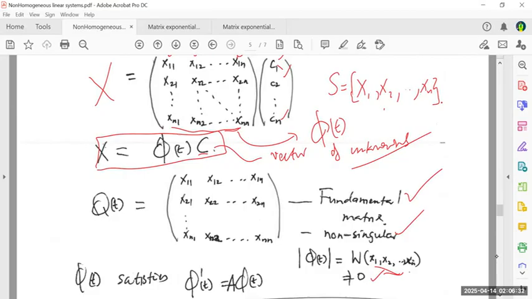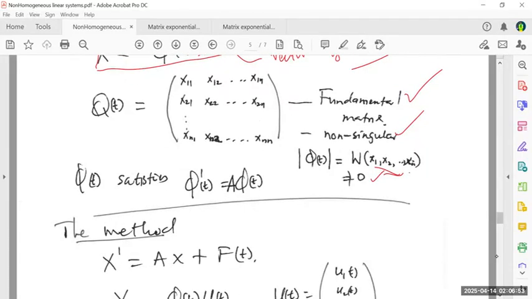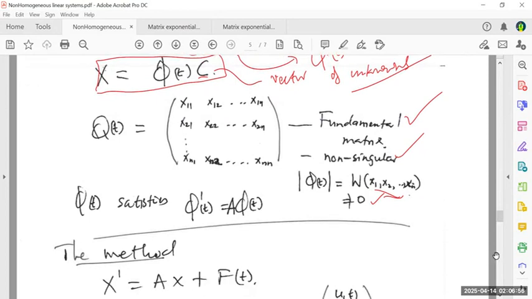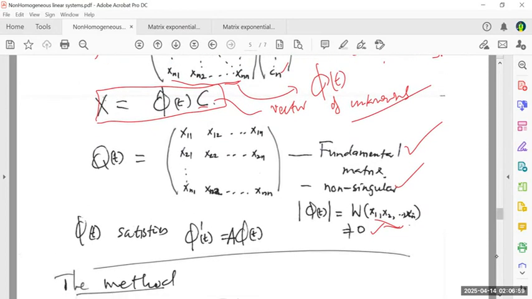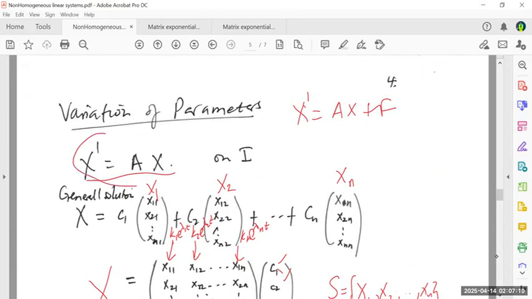So we are actually representing the solution in matrix form. But in the matrix form, we can then extract the fundamental matrix, which is formed from the fundamental vector solutions. And we are actually going to then say this phi of t satisfies the original equation.